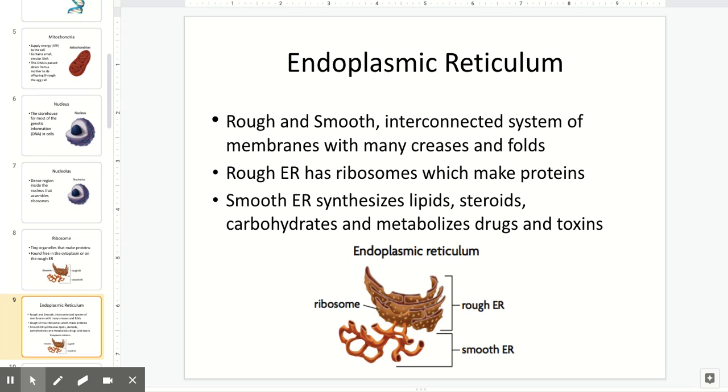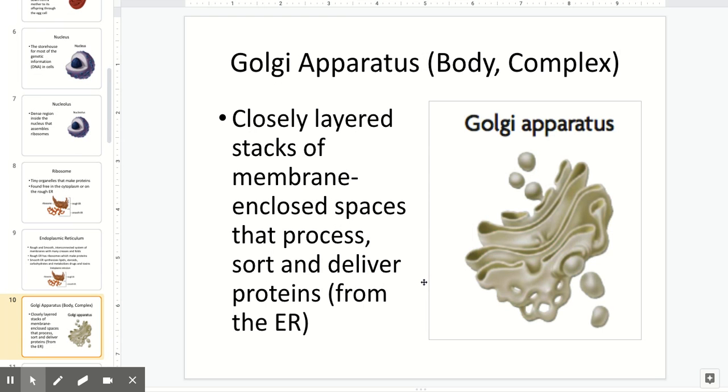The smooth ER synthesizes, which is just a fancy word for makes, lipids, steroids, and carbohydrates, and the smooth ER is also responsible for medicine, drug, alcohol, and toxin breakdown. So that's what is meant by it metabolizes drugs and toxins. And notice the smooth ER down here has no ribosomes. The ribosomes are only on the rough endoplasmic reticulum.